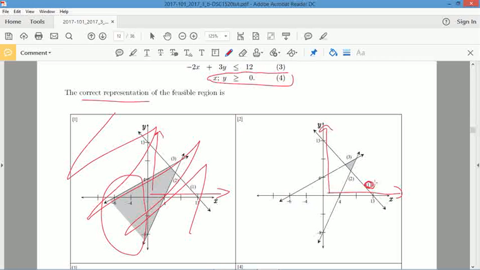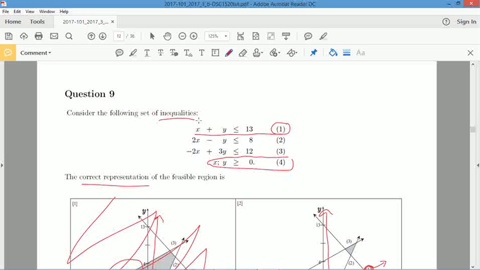Then I choose a point on the left and the right of that particular line. The easiest point to choose is always 0, 0. So if I put 0 into that equation, 0 plus 0 gives me 0. So is 0 less than or equal to 13? That's true.